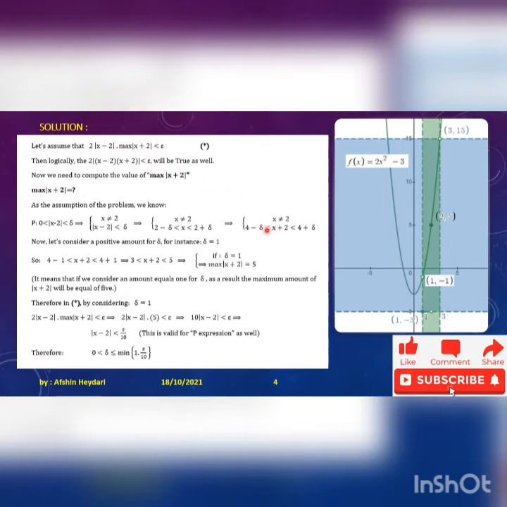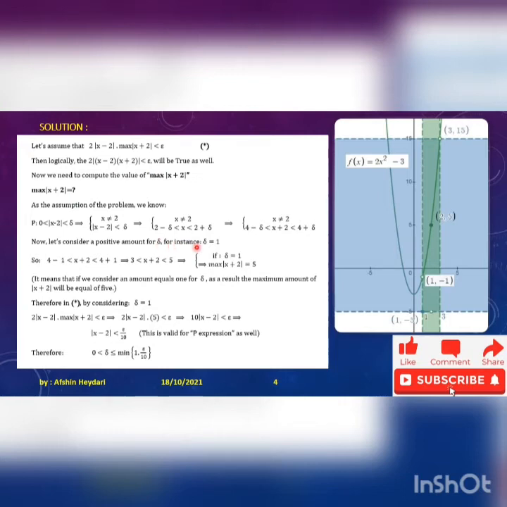So we should build up x plus 2 here, and we add 2 to all sides to build up this expression.